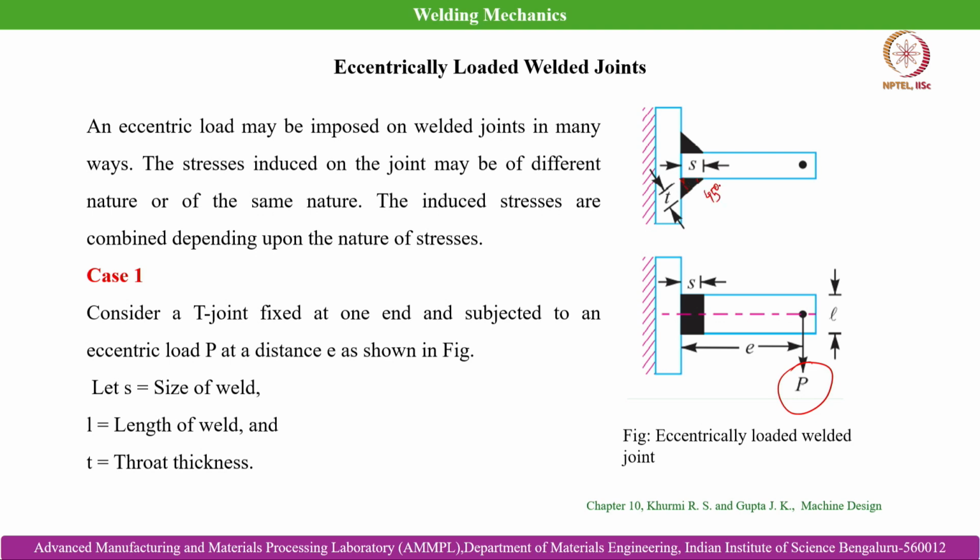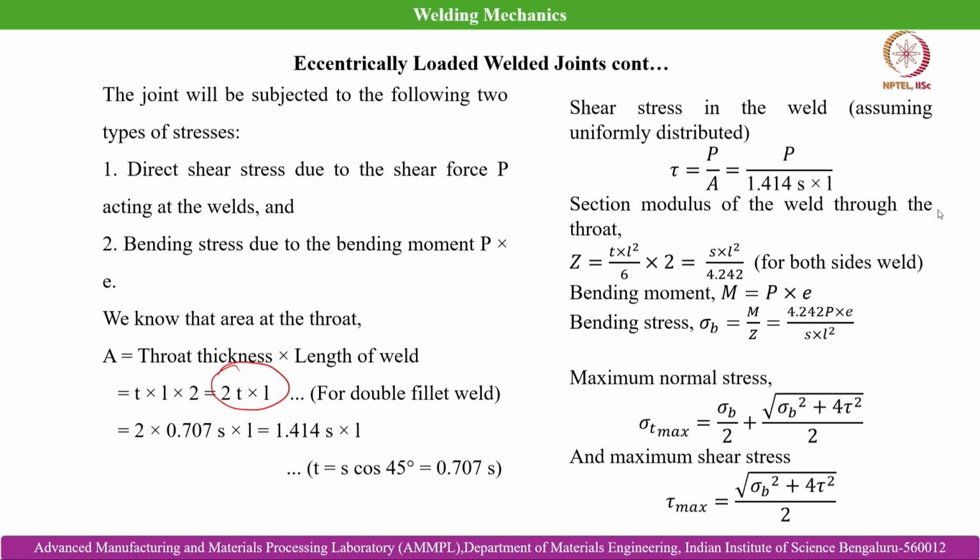So the throat thickness T is equal to S sine 45 degree. That means it is equal to 0.707 into S, size of the weld. Putting the value of T as 0.707 S, we get 1.414 S into L. That is basically the area.